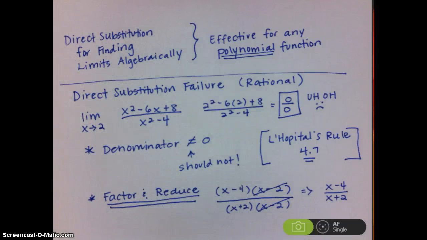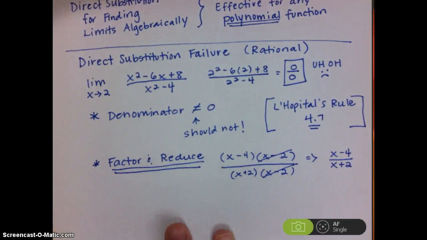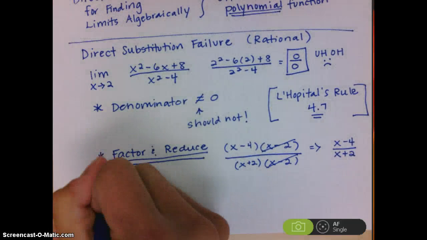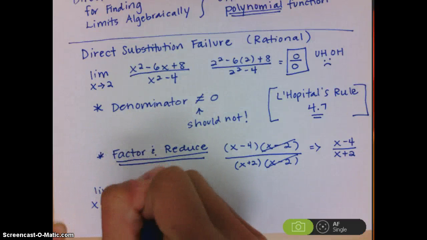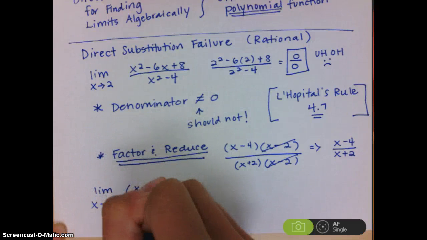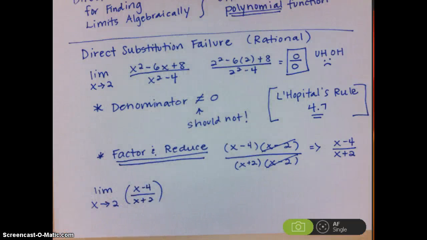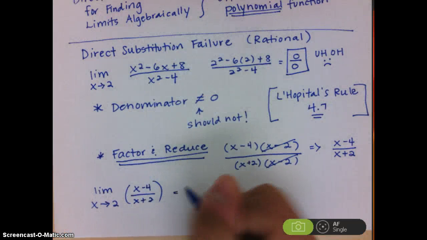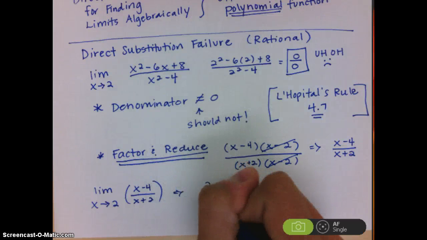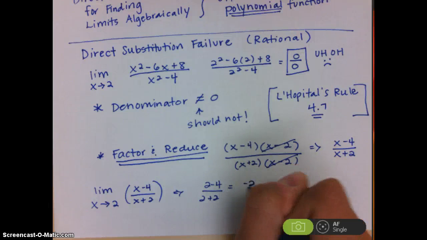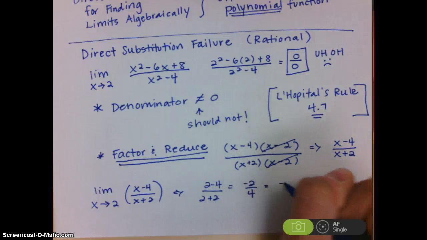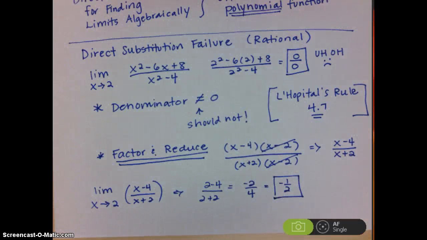So let's try to see if we can find the limit using our reduced form of our rational function, and perhaps we can use direct substitution successfully this time. If we use that direct substitution, we're going to get negative 2 over 4, which is going to give us negative 1/2, which clears up our problem.